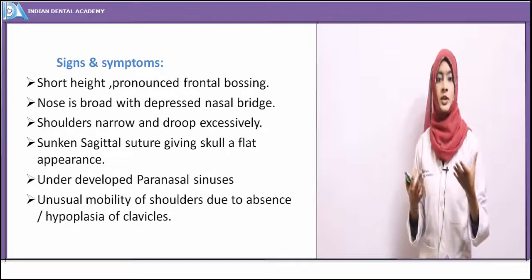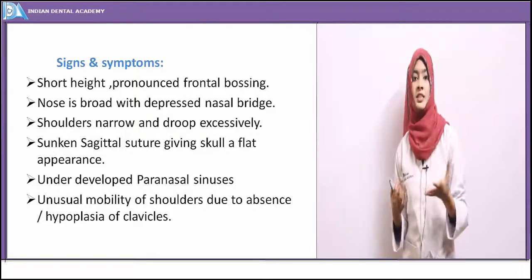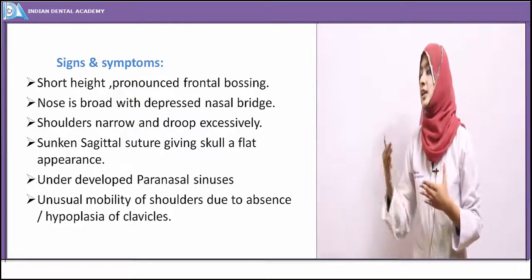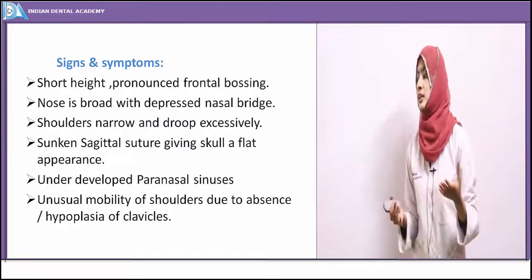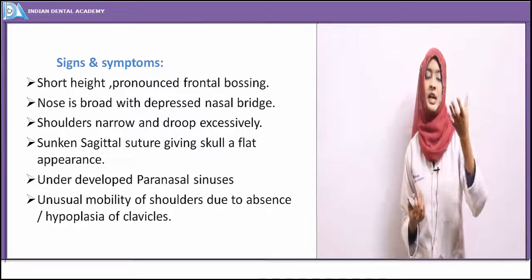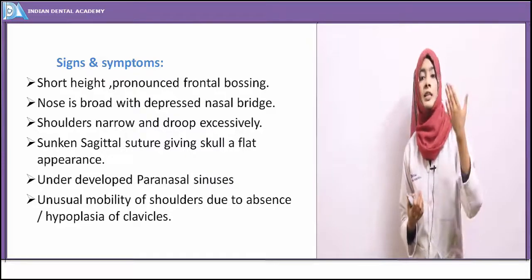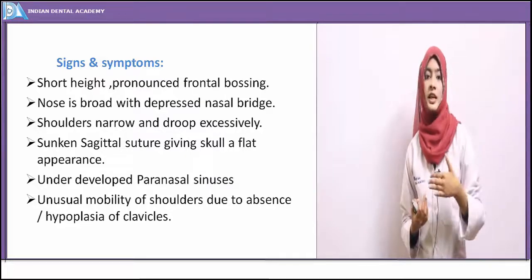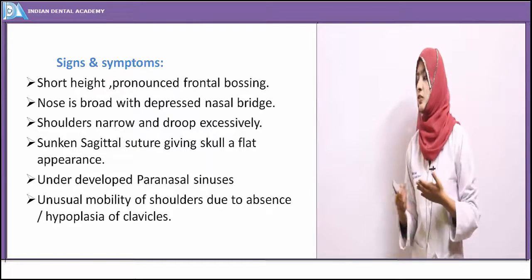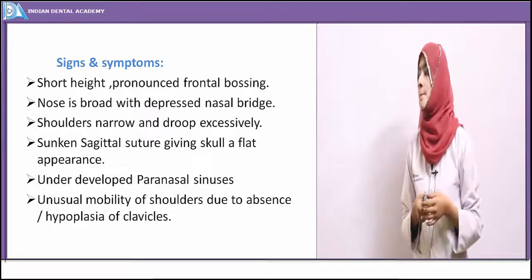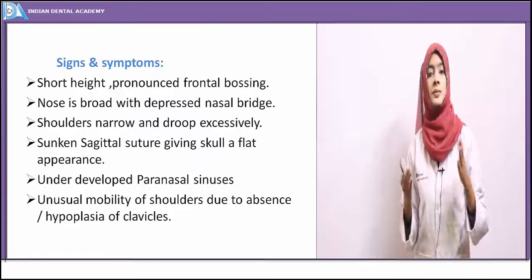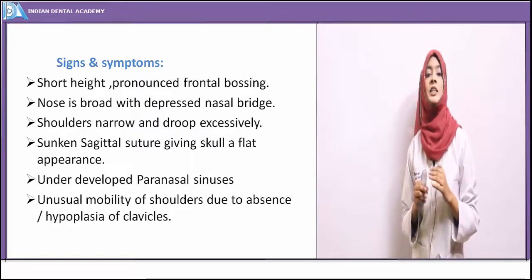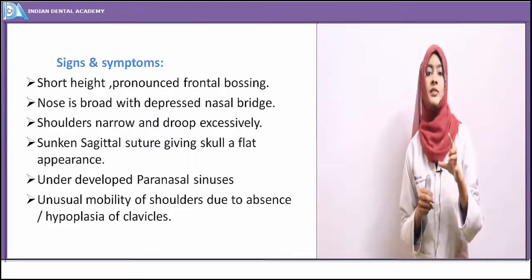Because of the characteristic absence of clavicle, you can see other features. When it affects the skull, the sutures remain open, and the sagittal suture is sunken, so it gives the appearance of a flat skull. Then the paranasal sinuses are underdeveloped, the individual has short height, and the skull is underdeveloped.